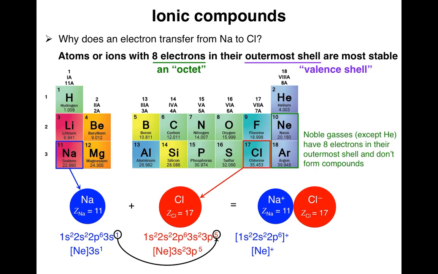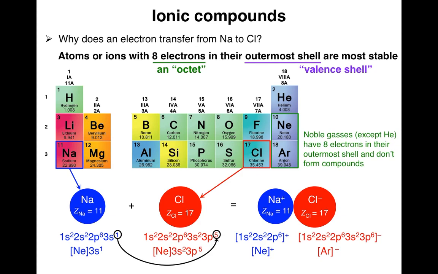The extra electron will be added to the 7 electrons in the third shell to bring the total up to 8, so both sodium plus and chloride minus then get stable electron configurations with 8 electrons in the outermost shell, like those of the noble gases, that of neon for sodium plus and that of argon for chloride minus.